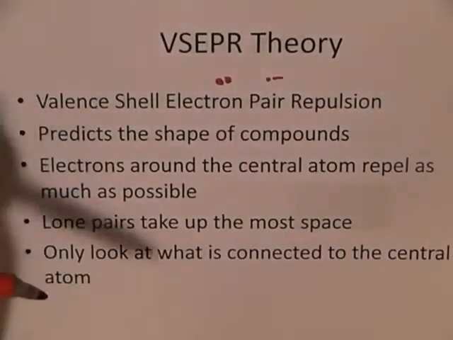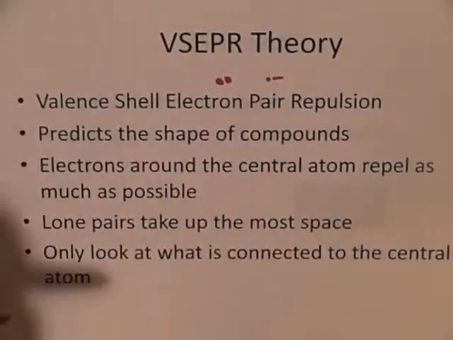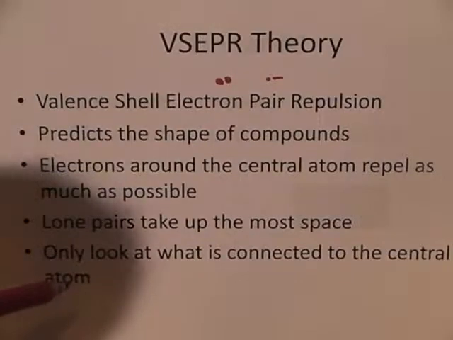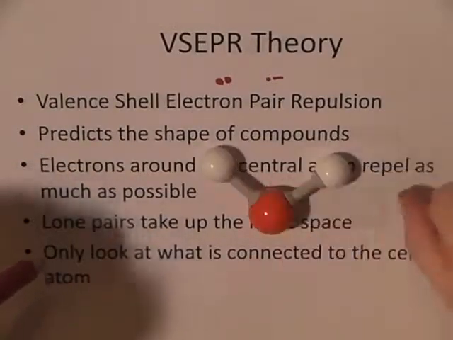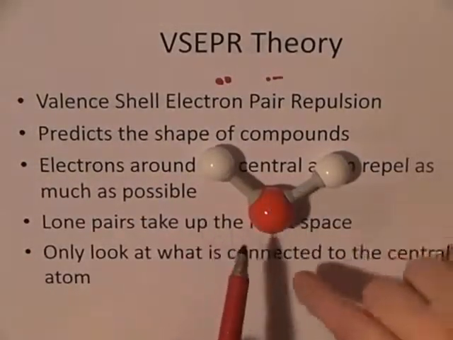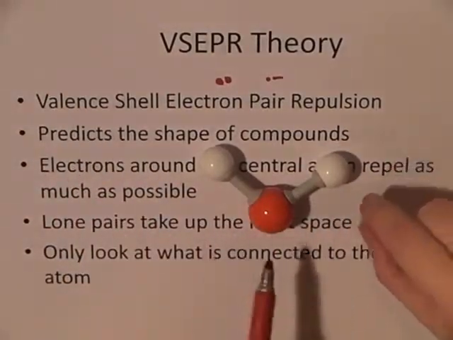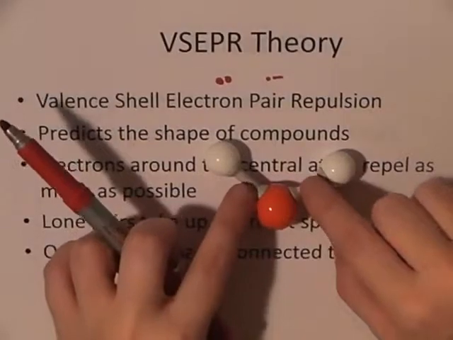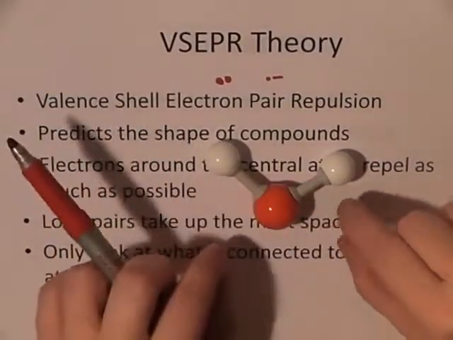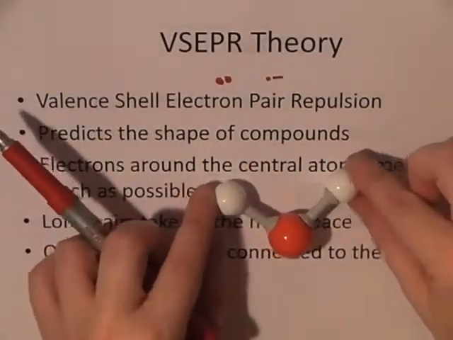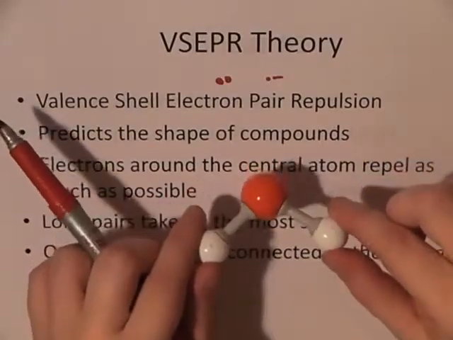Okay? A couple things to remember. Lone pairs will take up the most space. So when you have a center atom that's got lone pairs around it, those lone pairs are able to spread out more because they're not locked into a bond, so they can take up more space, forcing the bonds to kind of bend together a little bit.